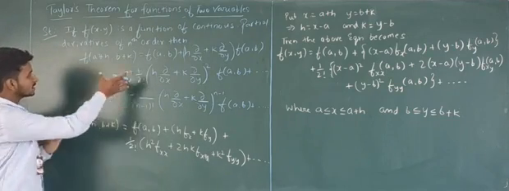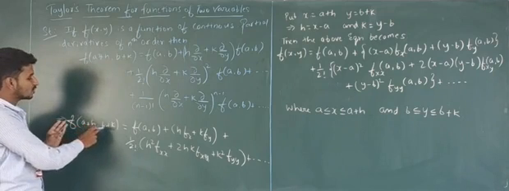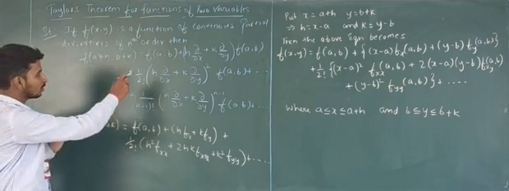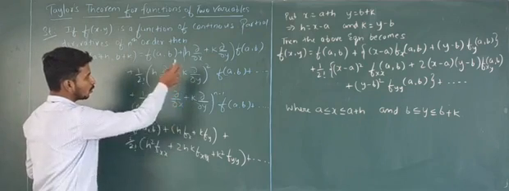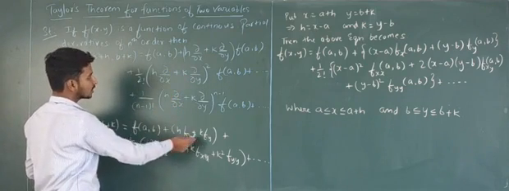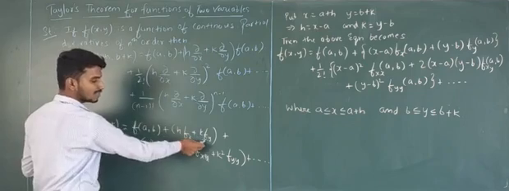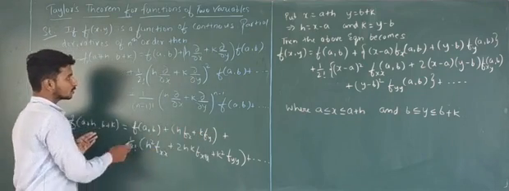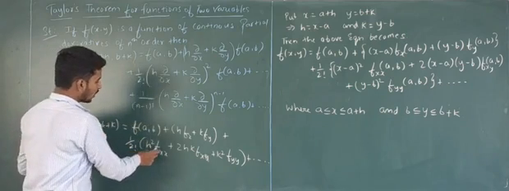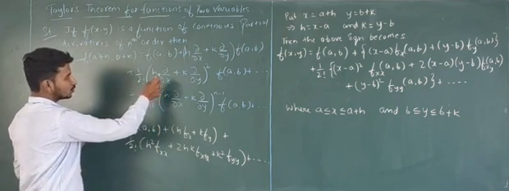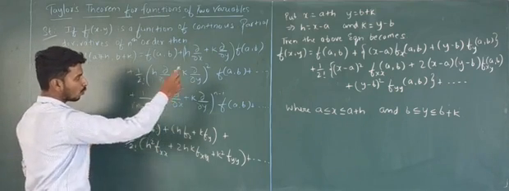So we will write the given equation as f of a plus h comma b plus k equals f of a comma b plus h into dou by dou x, meaning the function with respect to x, plus k into dou by dou y, meaning the function with respect to y, plus 1 by 2 factorial into h dou by dou x plus k dou by dou y whole square.